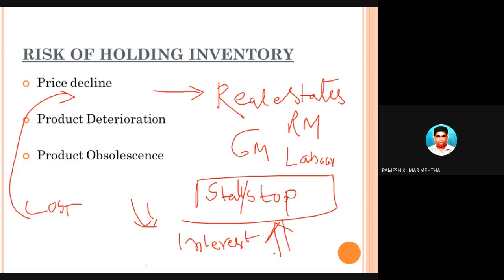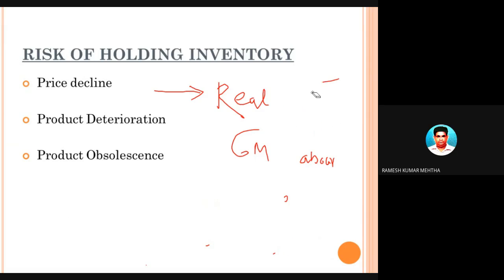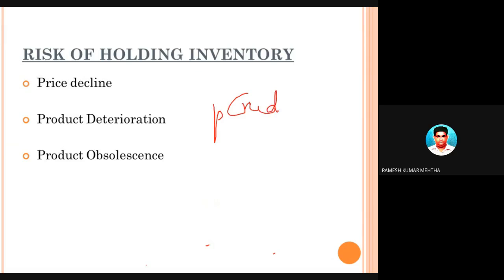Another example I will give you, very important. In the last 6 months, during this pandemic, the crude oil prices have gone down to around $40 per barrel.